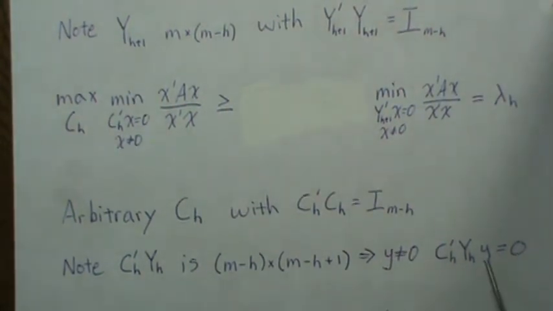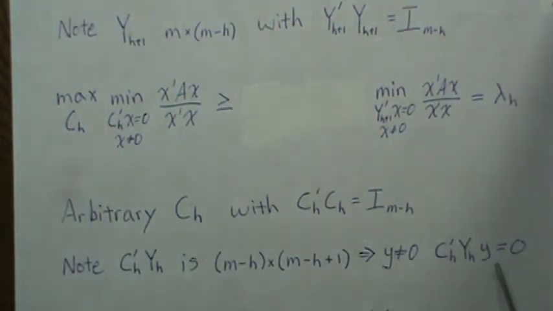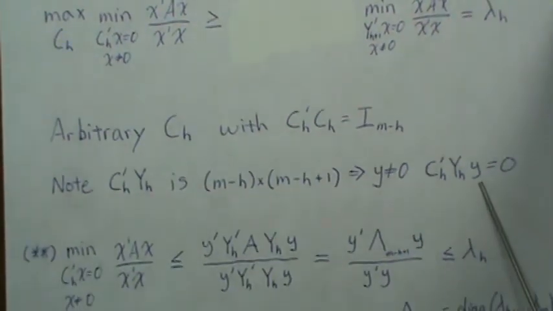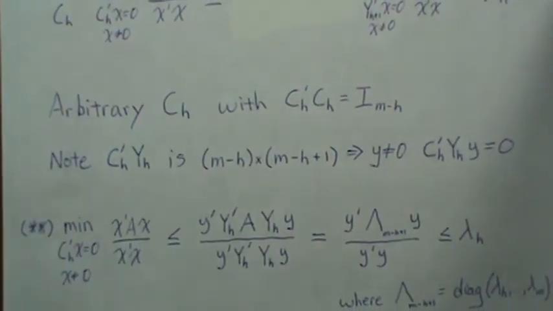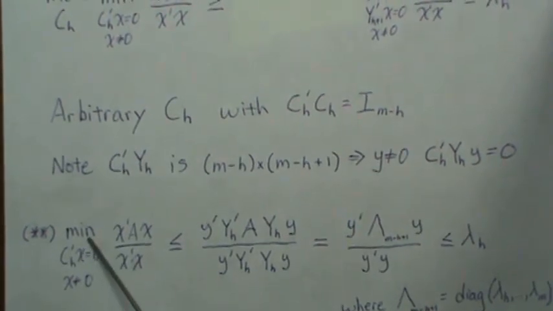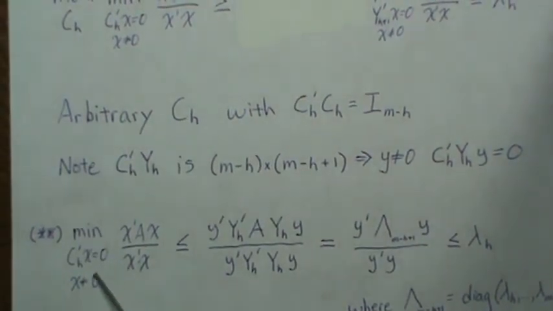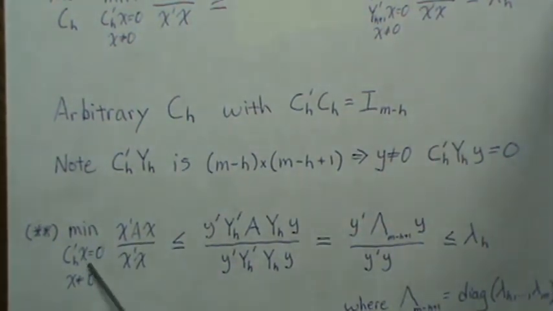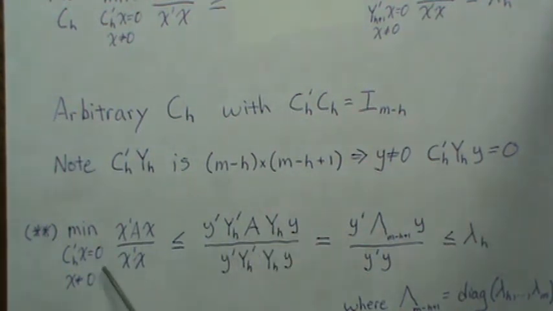So we can take a linear combination of the columns and it equals 0, with this y vector not equal to 0. And then the same sort of argument is if we look at just the minimum piece here of this, and then we pick a particular x, then it has to be greater than this.